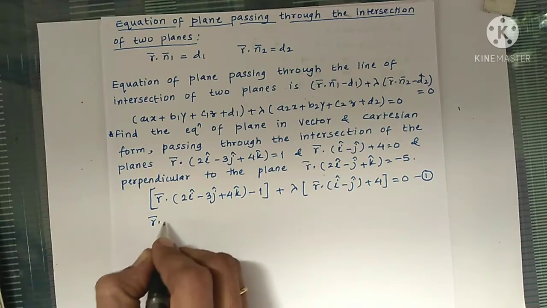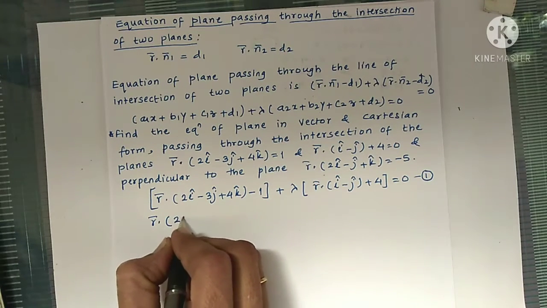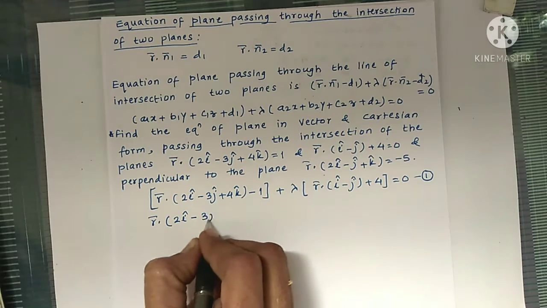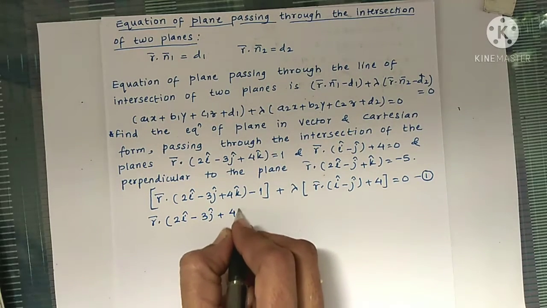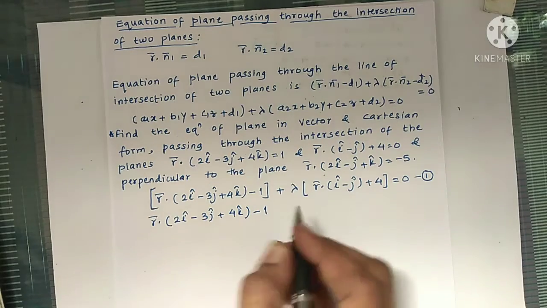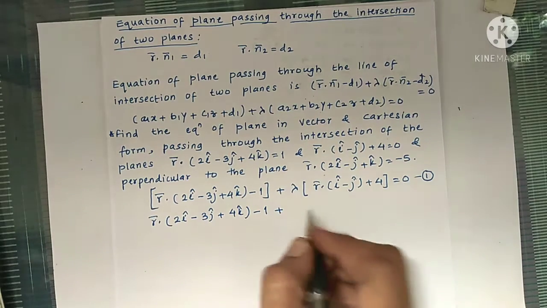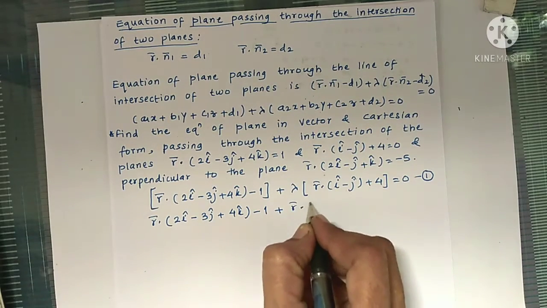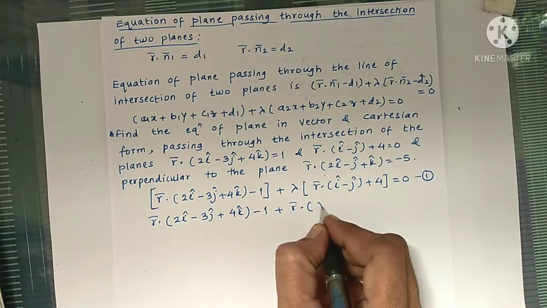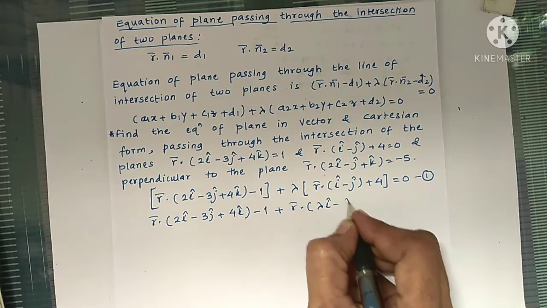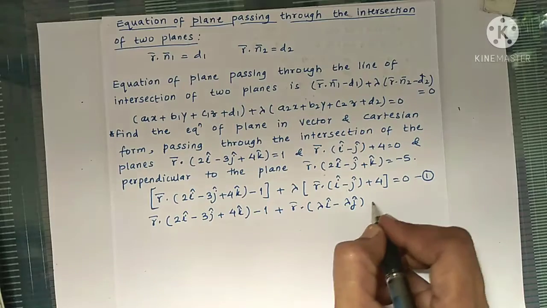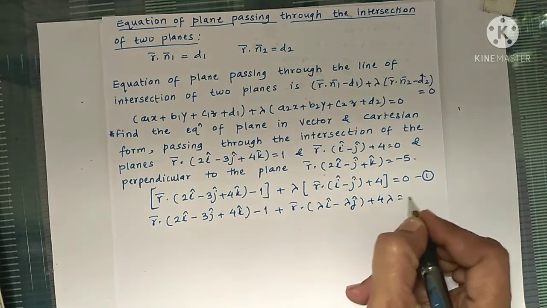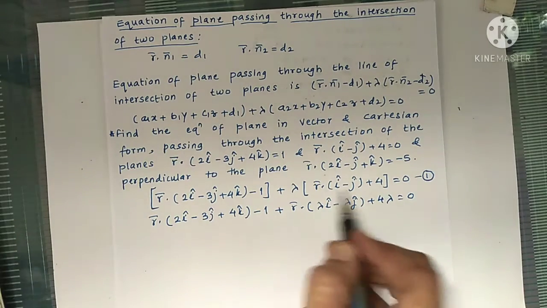So this equation becomes r bar dot (2i cap minus 3j cap plus 4k cap) minus 1 as it is. Now let's multiply the second bracket by lambda, so we get r bar dot (lambda i cap minus lambda j cap) plus 4 lambda equal to 0, multiplying all the terms by lambda.